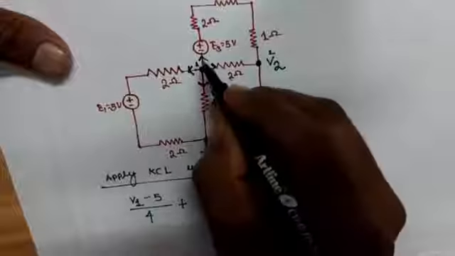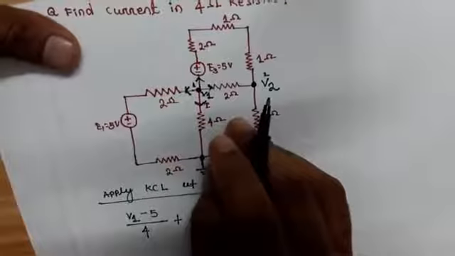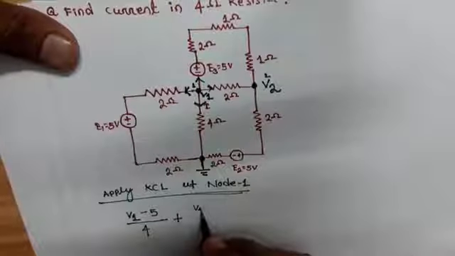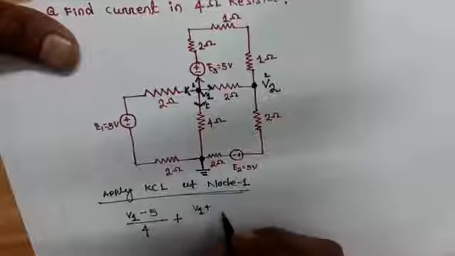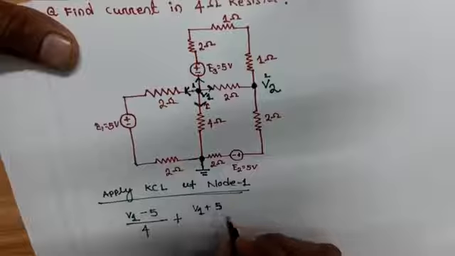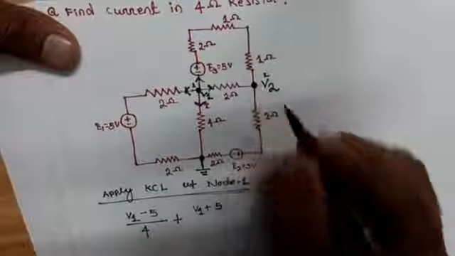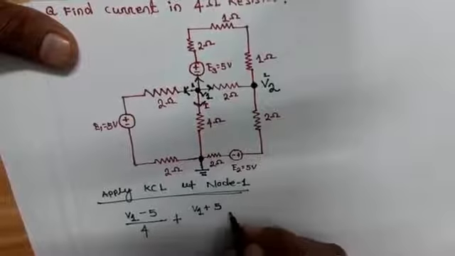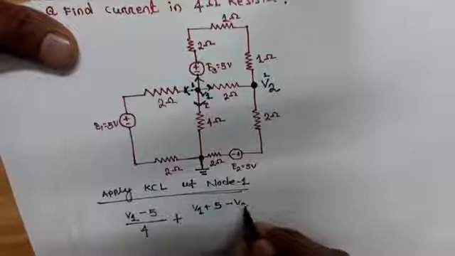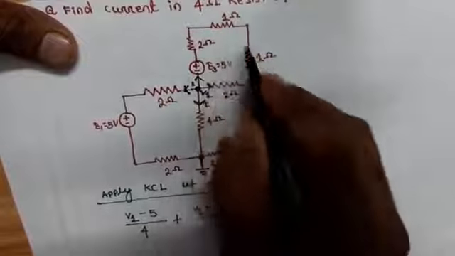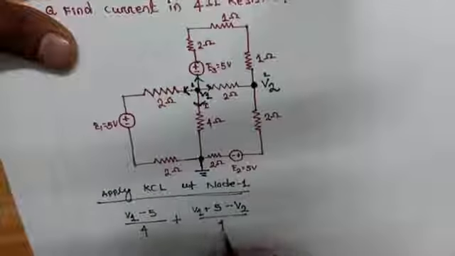Then plus this path: (V1 plus 5 minus V2) divided by 2 plus 1 plus 1, which is 4.